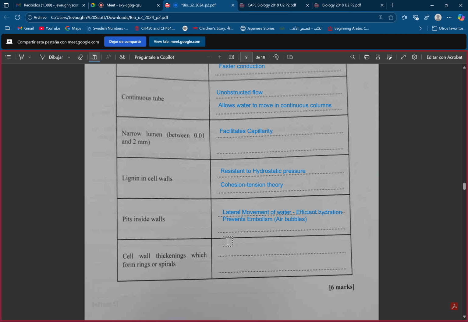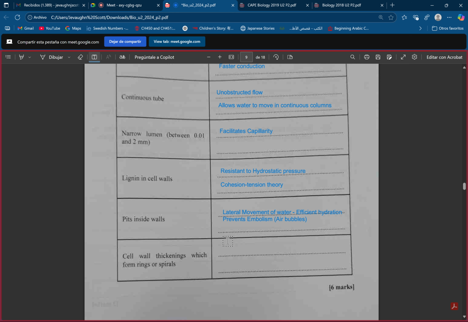Cell wall thickenings with form rings or spirals. What are those thickenings called? Lignification.